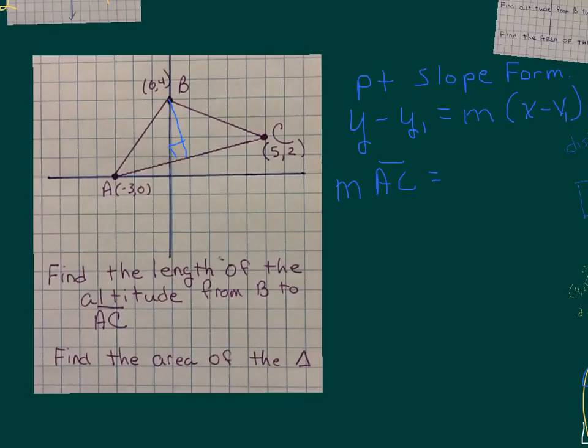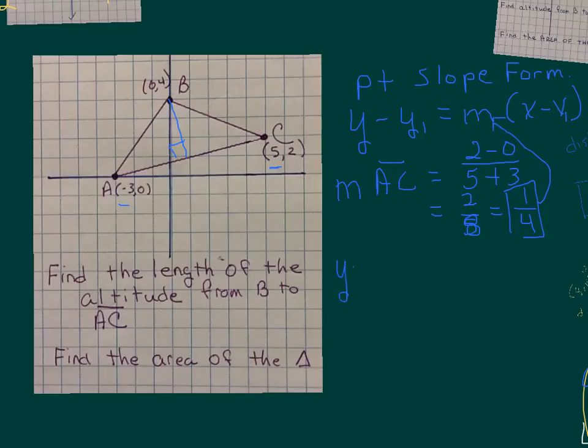So if I start with point C, I'm going to have change in y is 2 minus 0 over change in x is 5 minus negative 3, which gives me a slope of 2 over, I'm sorry, 2 over 8, which is 1/4. So this is my slope that I'm going to plug in to this formula.